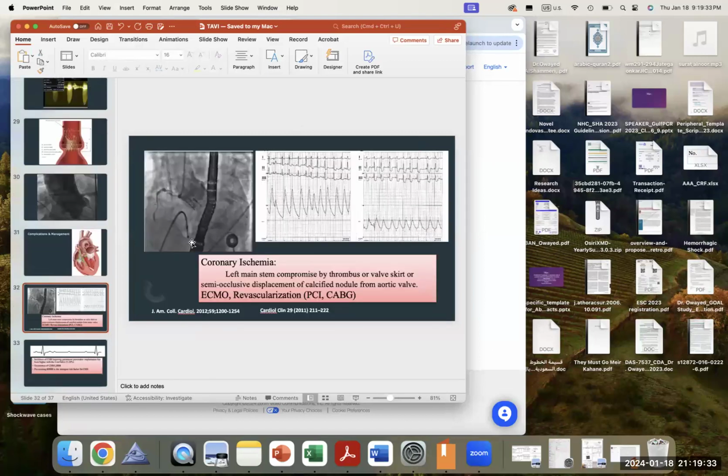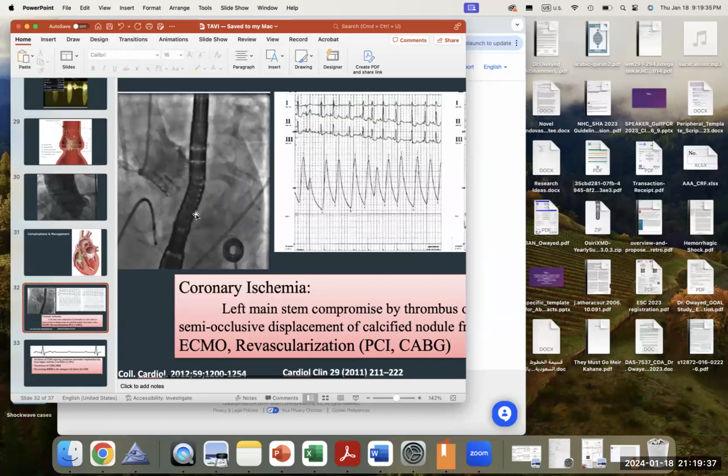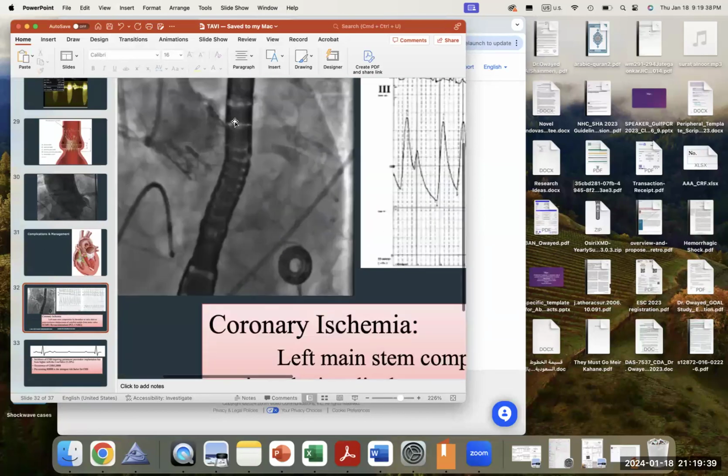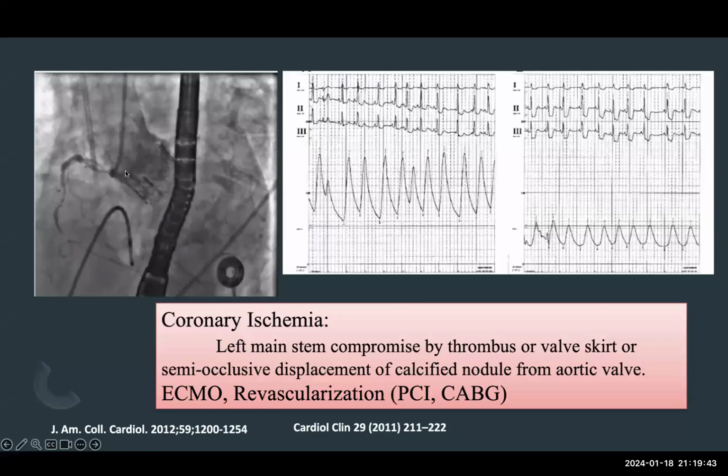But in this valve, it's short. You see that? It's short, it's above the frame, so it's easier. With the balloon-expandable valve, it's easier to engage the coronaries. With the self-expandable valve, it's difficult to engage the coronaries.